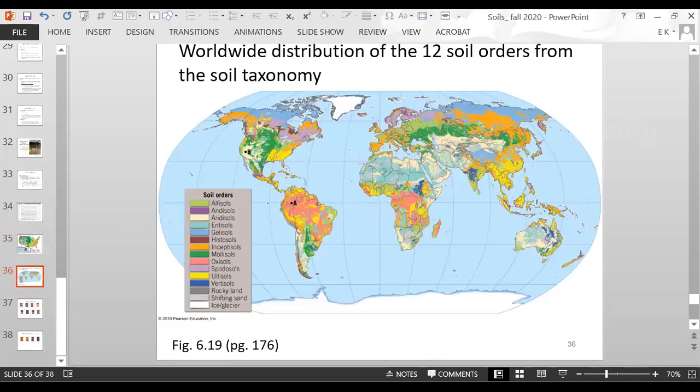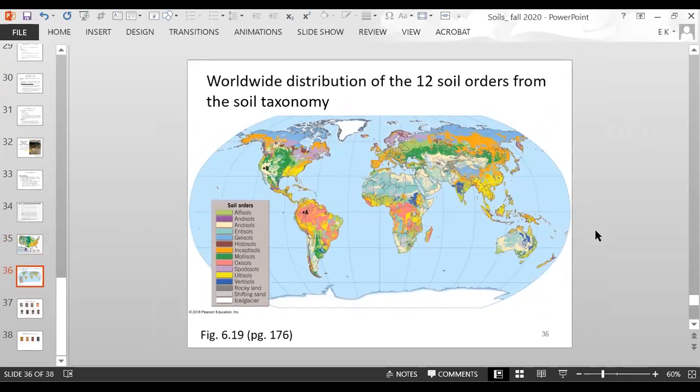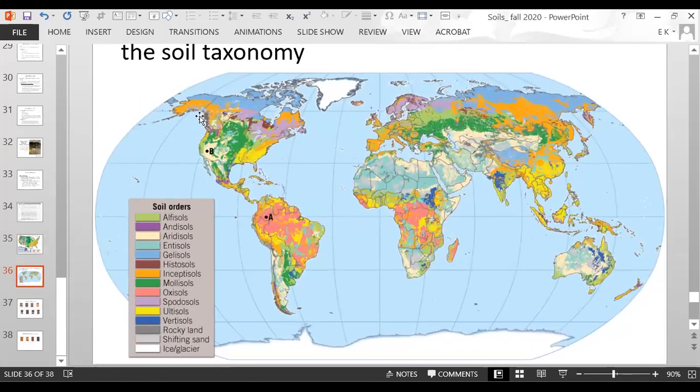And this is the world distribution of those 12 soil orders. So you can look and see other locations that have the entisols, other locations around the world that have all of these soil orders. And then you have glacial ice, Antarctica and Greenland.